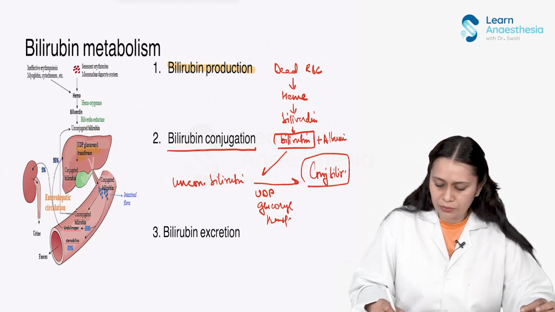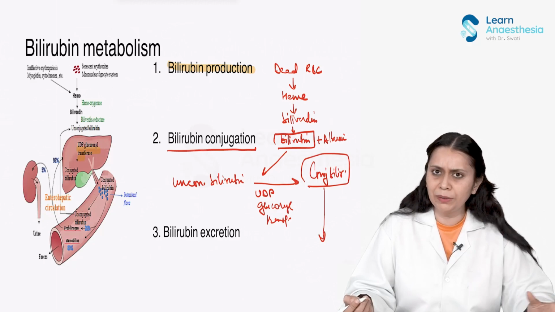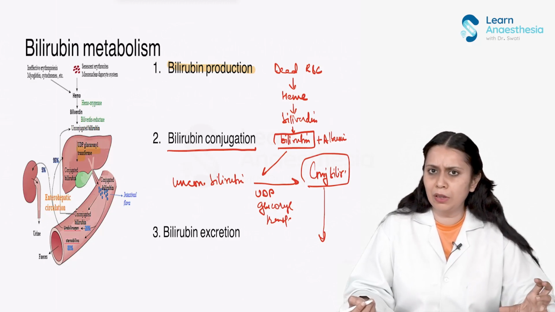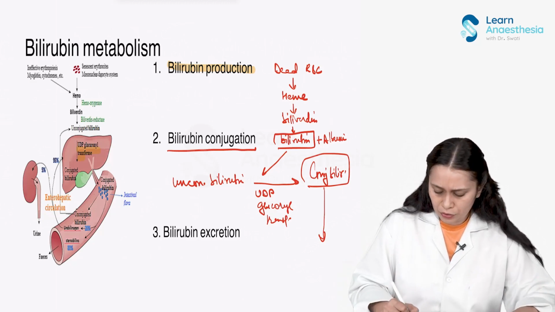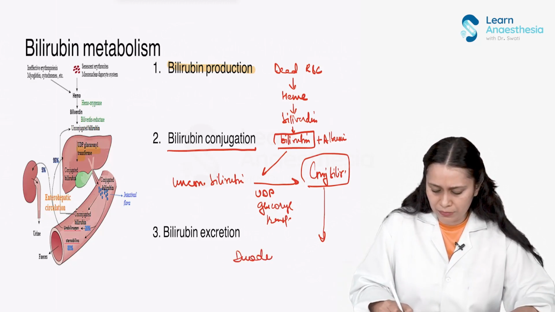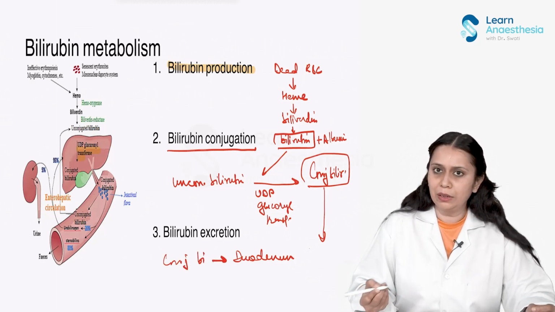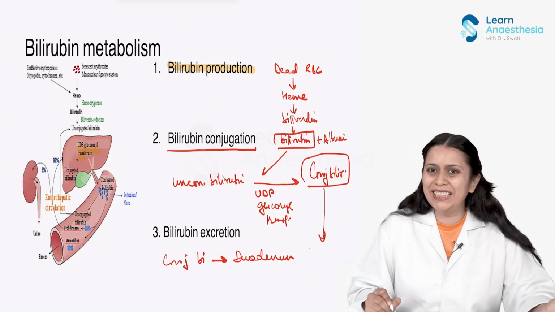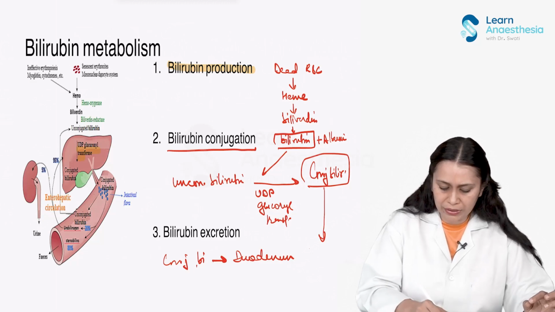So now conjugated bilirubin, which is the water soluble bilirubin, has been formed. Okay. Now this conjugated bilirubin along with bile salts, etc., is stored in the gallbladder and from the liver it is released into your duodenum. In the duodenum, this conjugated bilirubin is acted upon by the intestinal flora, and three things happen.